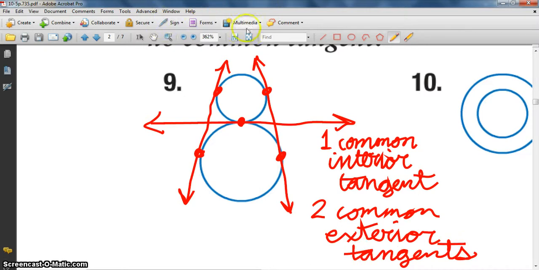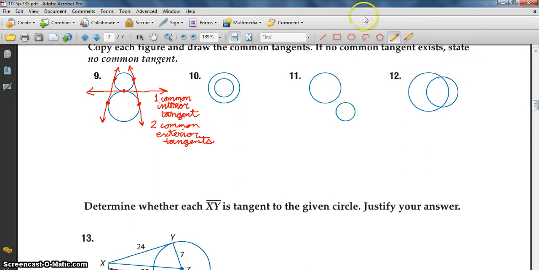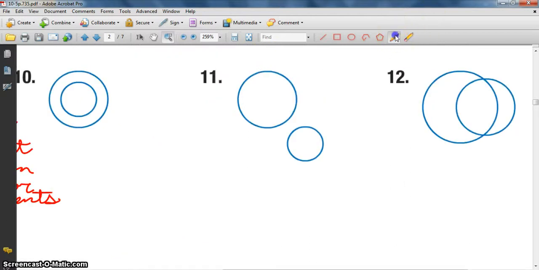I might have given too much detail here. It just says in the directions, draw the common tangents. So all you have to do is draw them. So that's what we'll do on number 11. So we'd have a common interior tangent here.